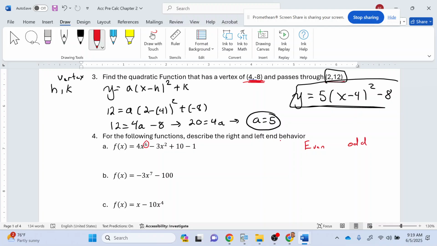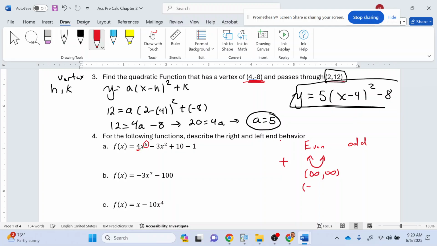If the biggest exponent is even and the number in front of it is positive, it looks like a parabola like this. As I go toward positive infinity in x, to the right in this case, my arrow goes up, so my y value is going positive.